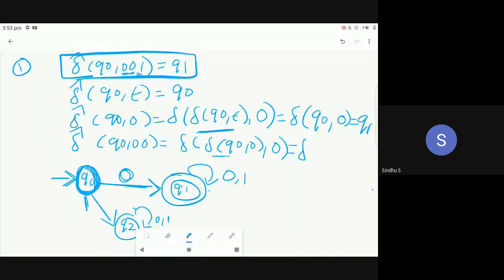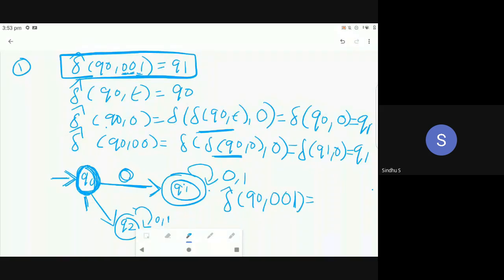We know the result of q naught comma 0 is q1, so now q1 comma 0. In q1, when I apply 0, I am standing in the state q1 again. Q1.